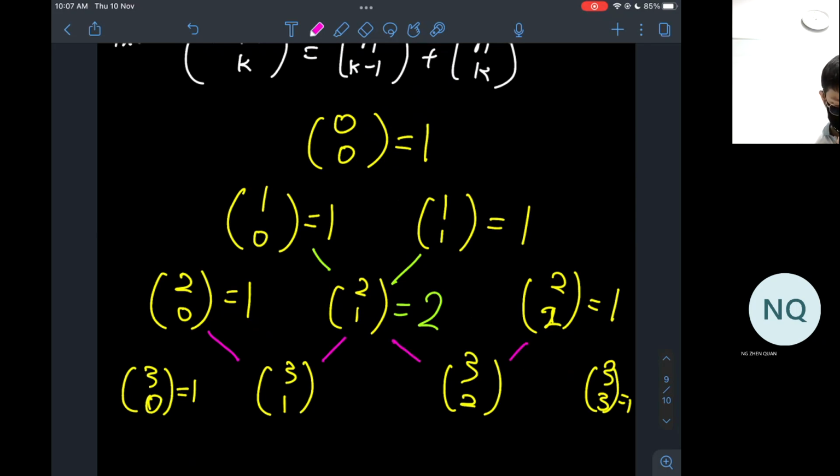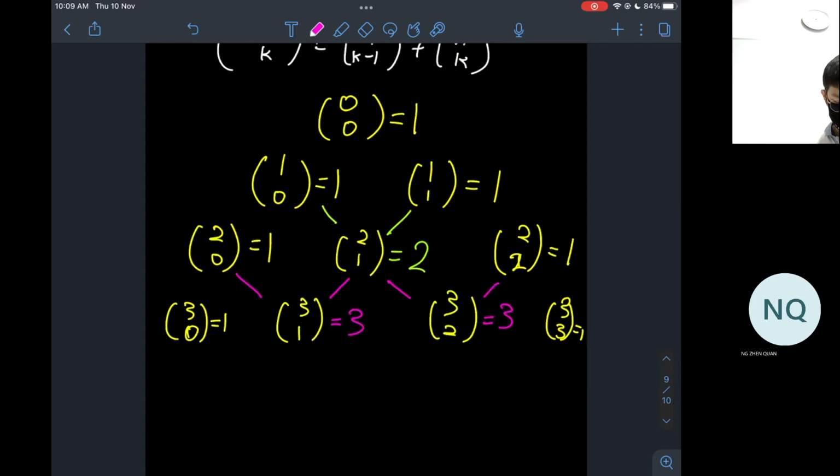Can you follow? So what is 3, 1? 3, 1 is 1 plus 2, which is 3. 3, 2 is 1 plus 2, which is 3. Then you can keep going on.